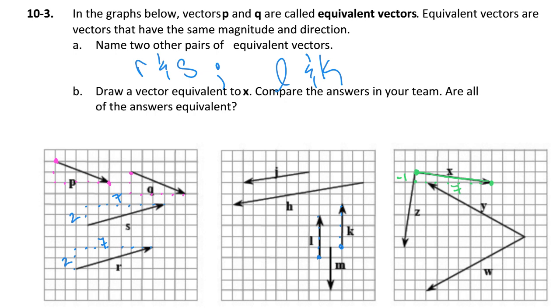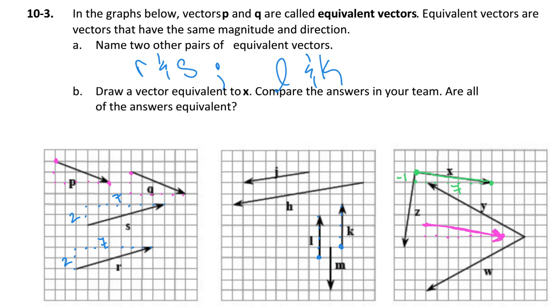I can start anywhere, so I'm just going to squeeze it in right here. So I'm going to start here, go down 1, and over 1, 2, 3, 4, 5, 6, 7 is where I'm landing, and just connect. Okay, so that vector is equivalent to X.